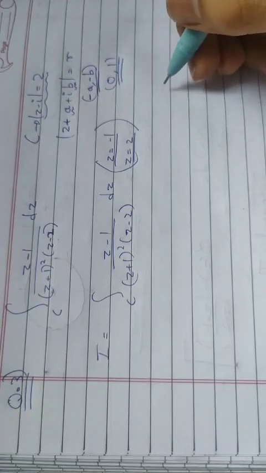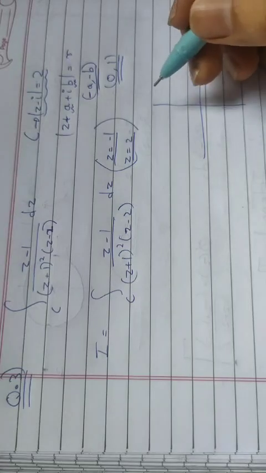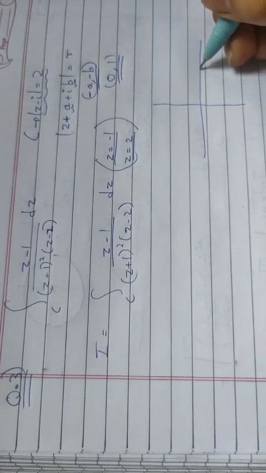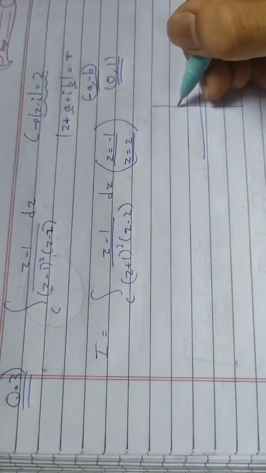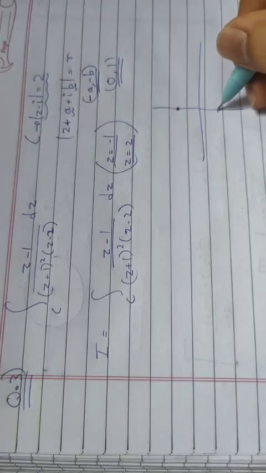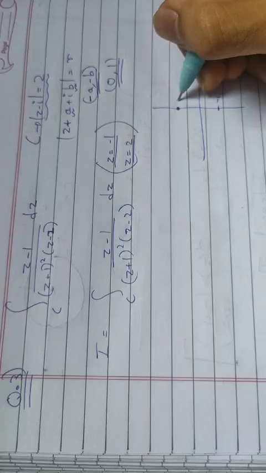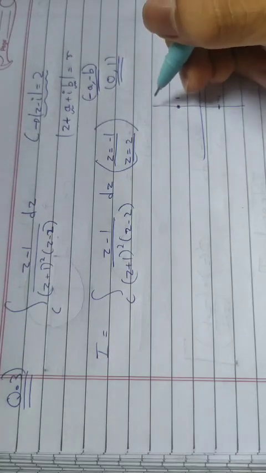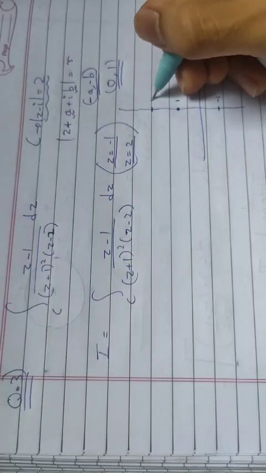So if we plot it out, we get 0 comma 1, so x is 0, y is 1, about here, and since our radius is 2, it will go till here. This is minus 1, this is plus 1, then it will go up also, till 3.